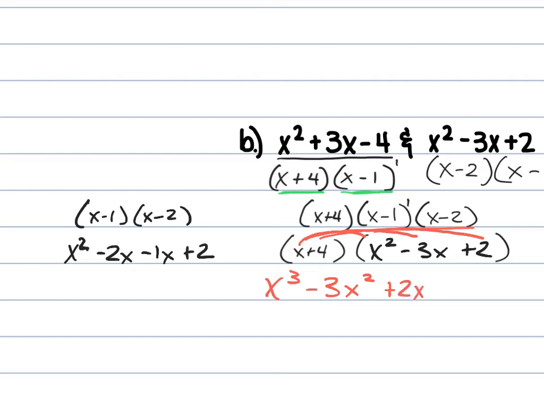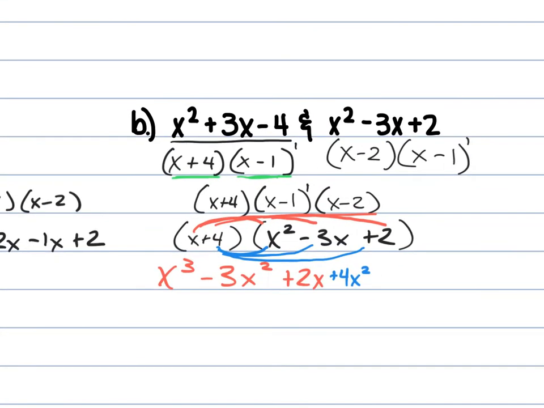Now I'm going to distribute the second thing to each of those. 4 times x squared is 4x squared. 4 times negative 3x is minus 12x. 4 times 2 is 8. Now let's combine anything we can, and then we'll be done.